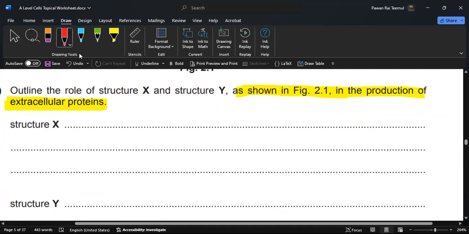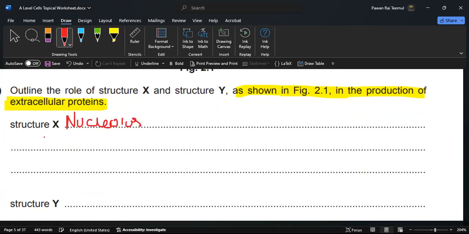So firstly, which structure again? X. What's X? A nucleolus. Its role is simply to be the site for synthesis of ribosomal subunits.